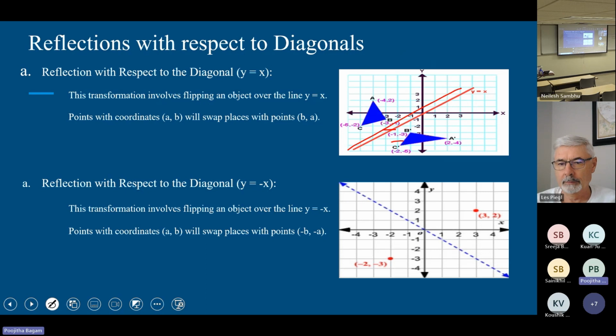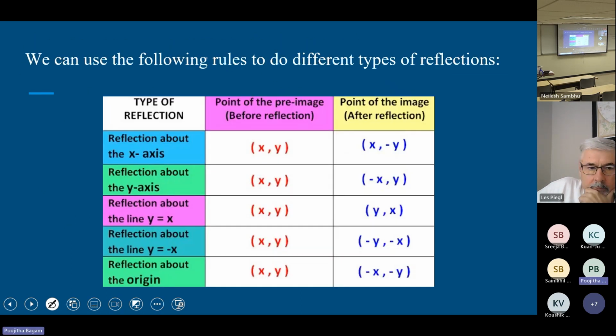In the second case, when we are reflecting with respect to the diagonal y equals minus x, the object gets flipped over the line y equals minus x, and the points with coordinates (a, b) will swap places with points (minus b, minus a). To simplify this, we can use the following simple rules to do different types of reflections.